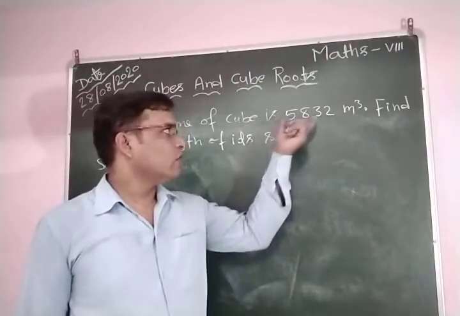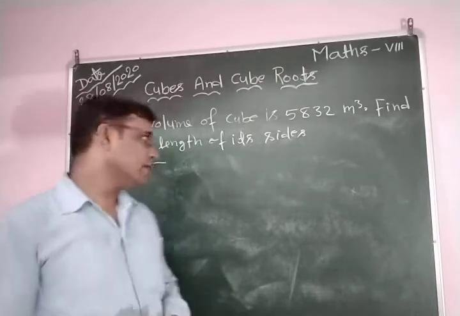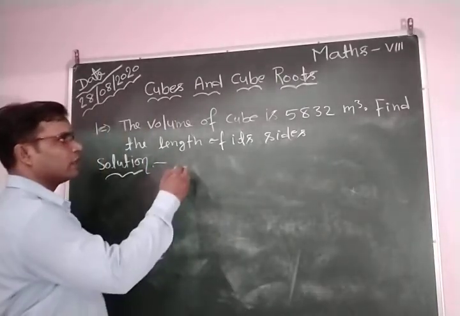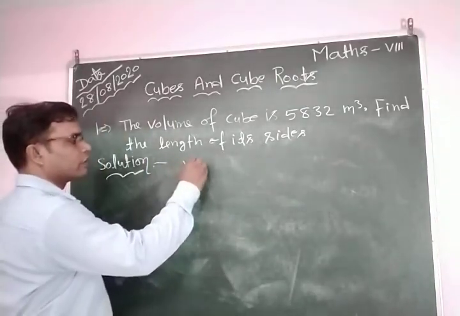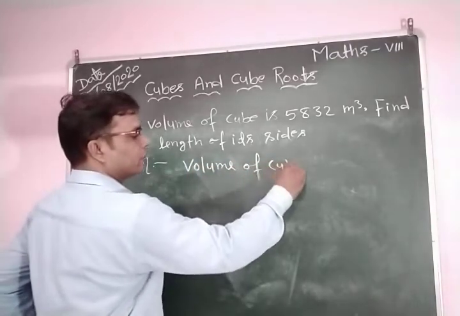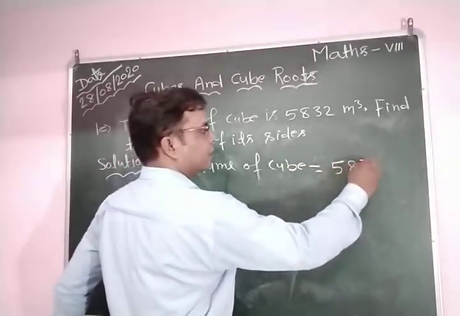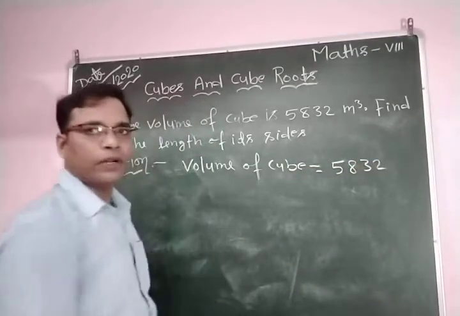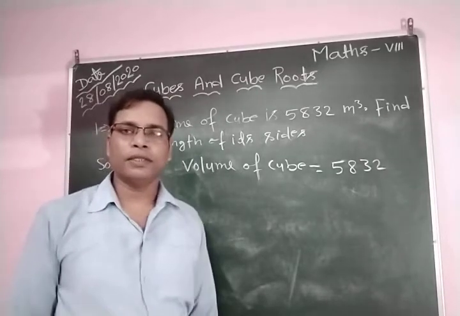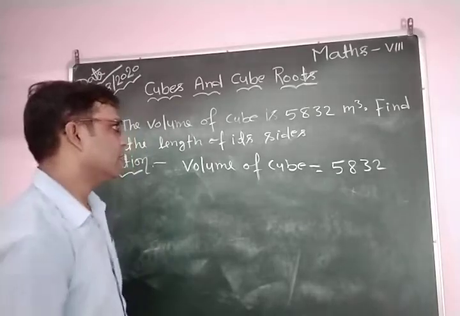So here volume is given and we find the length of its sides. First write here volume of cube is equal to 5832.